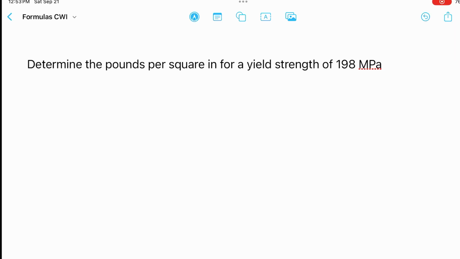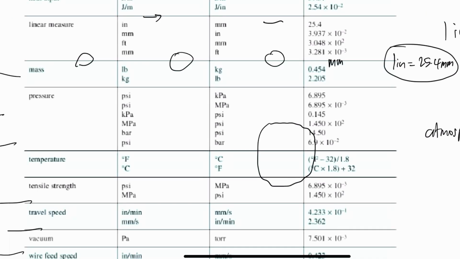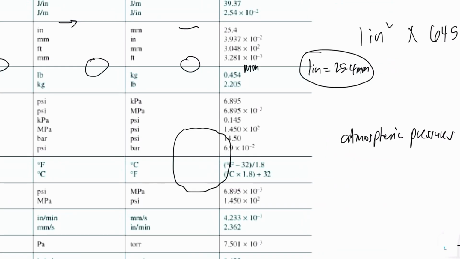How about the conversion of pressure from megapascal to pounds per square inch? Looking at the table here, you need to multiply the MPa value by 1.45 times 10 squared. That is equivalent to 1 MPa is equal to 145 psi.